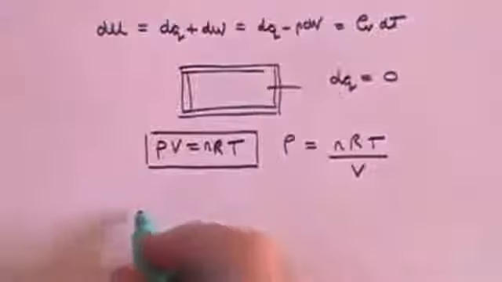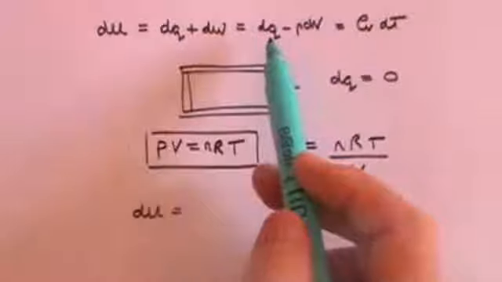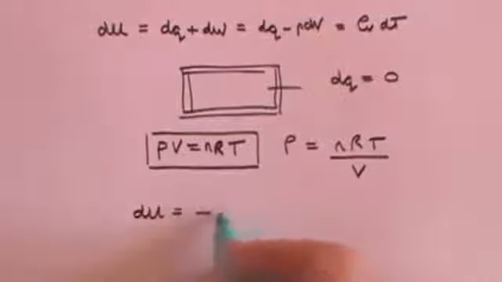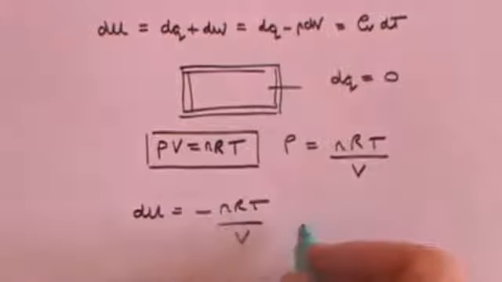So now we're going to get that dU is equal to, well, dq is 0 because it's adiabatic. So it's simply minus PdV, and that's minus nRT over V, that's the P, times dV.